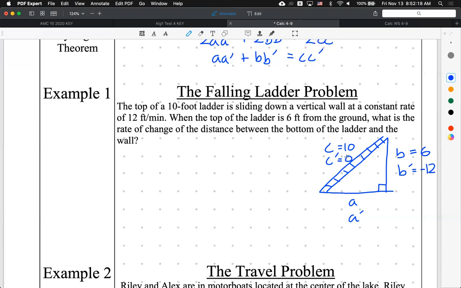Good. All right, then we have these two unknowns, A and A prime. So we can actually solve another one of these right from the get-go. Do you see it, Fiona? Is A prime 12? How do you get A prime is equal to 12?